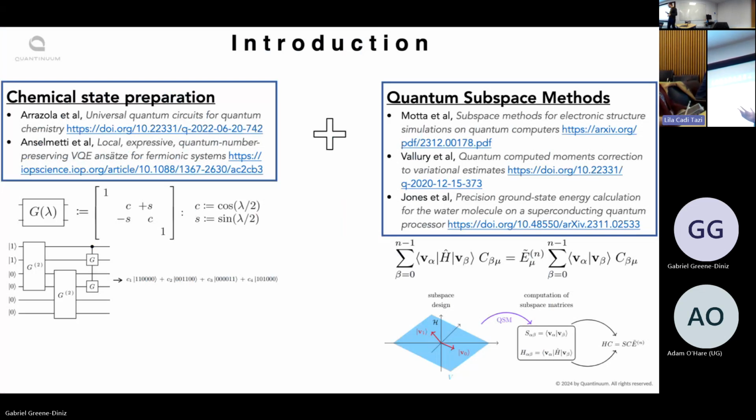As I'll show later, they do well when you have a good way to prepare an approximate but cheap approximation to the ground state. So subspace methods generally solve a projection of the Schrodinger equation onto some subspace spanned by these vectors v.